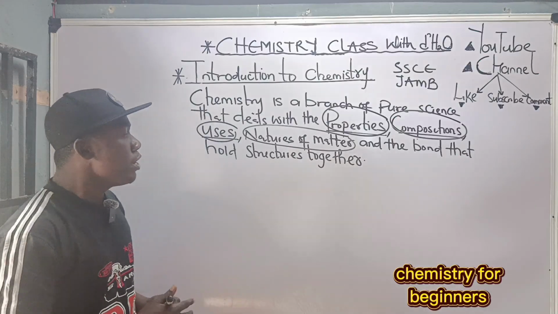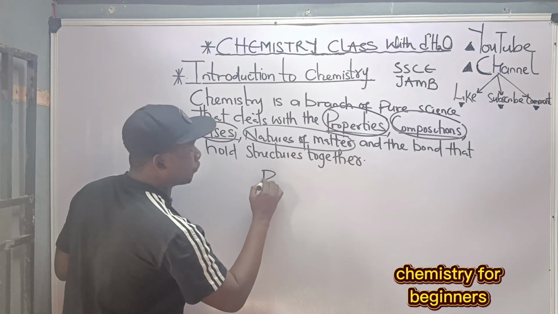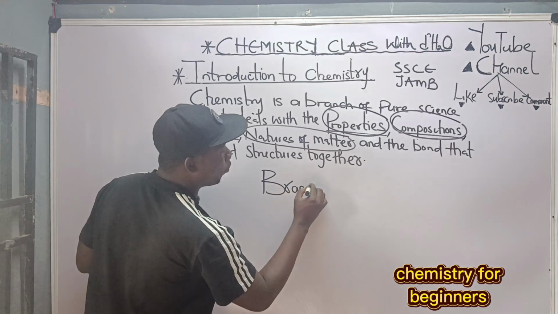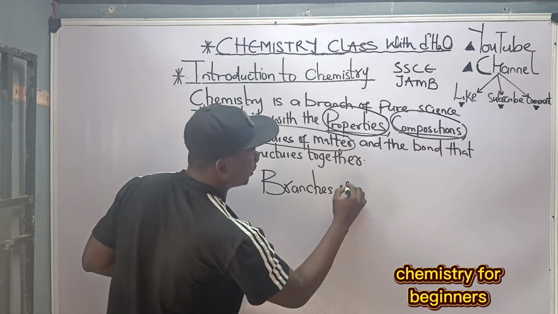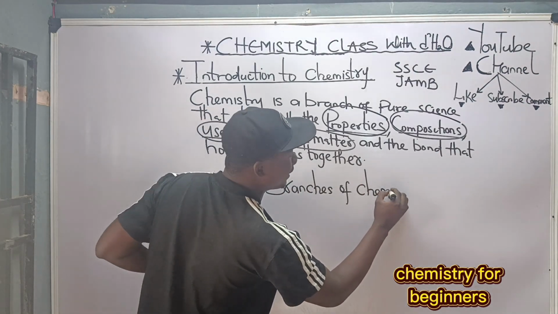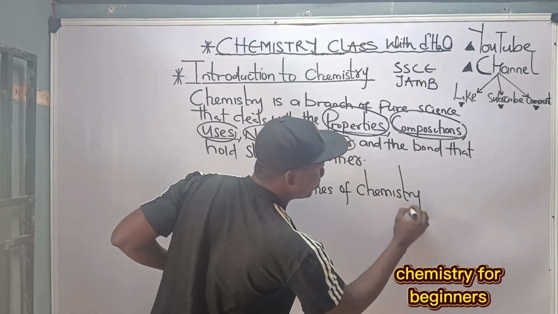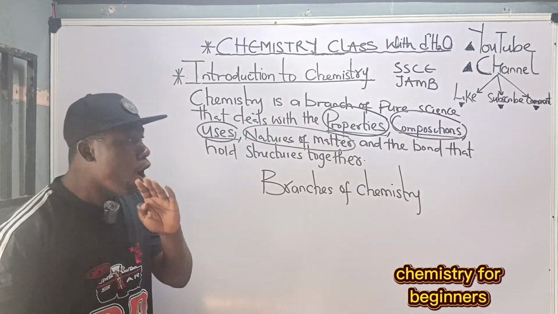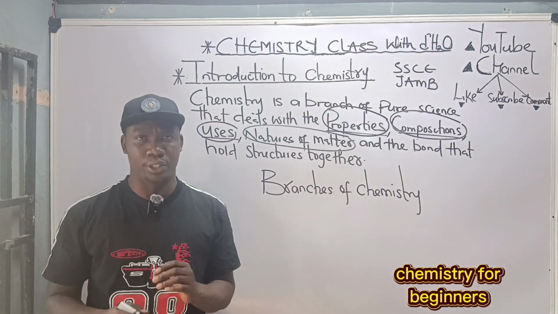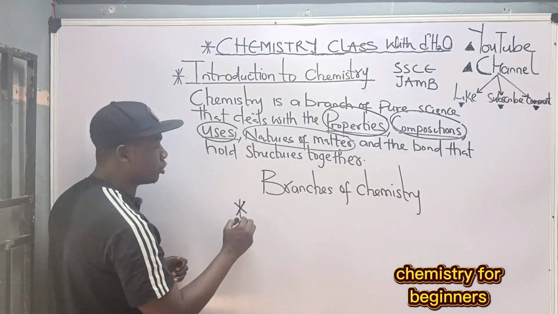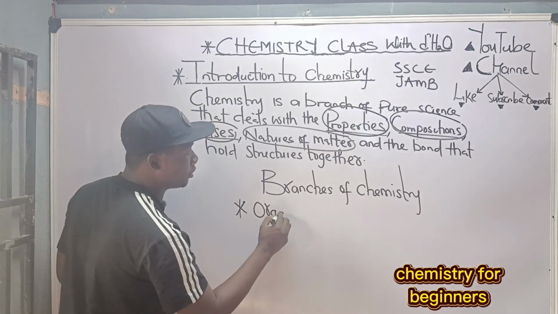Now, we will look at what we call the branches of chemistry. What are the branches of chemistry? Chemistry is divided into 4 branches. Please take note of this. Number 1 branch of chemistry is called organic chemistry.